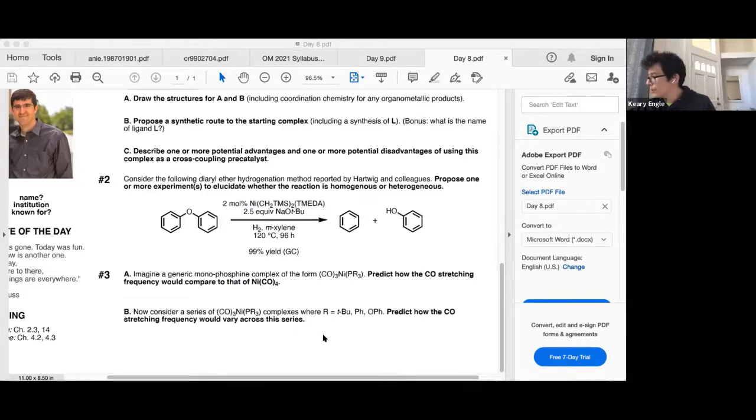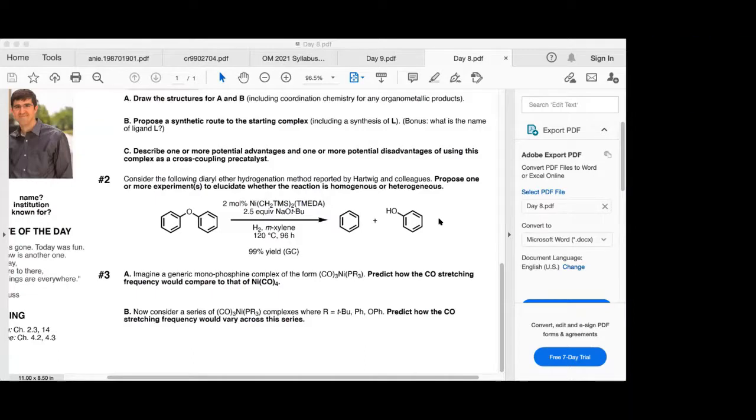So let's see. Omar, let's get you on the hook for both parts here. I think that the phosphine ligand will make the nickel center more electron rich.